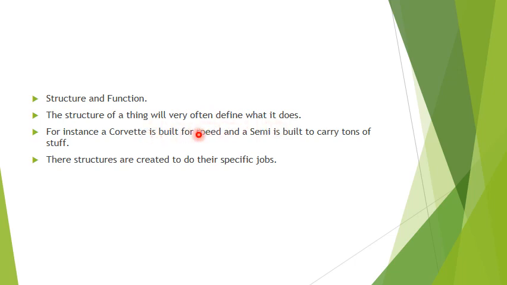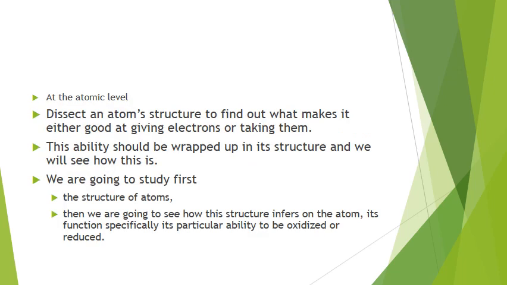That's because its structure determines what it's going to do. So the structure of a thing is often formed in a very specific way so that something can do its job, or function. So structure, function. And that's what we're going to be getting into.